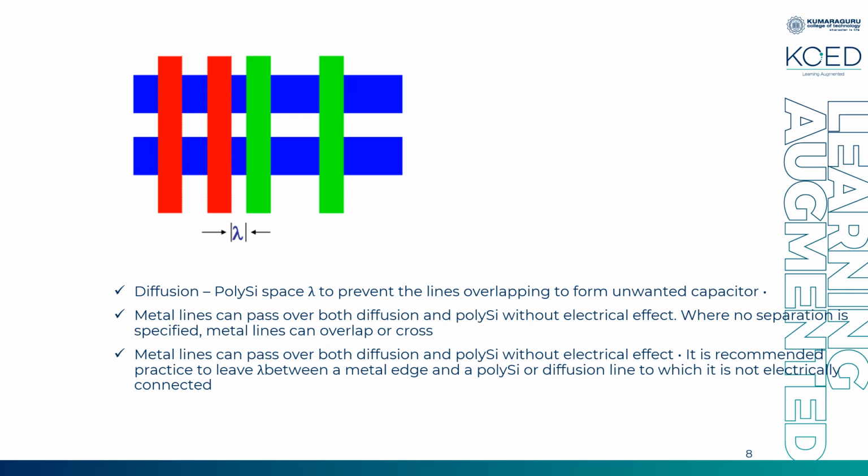You have to leave a space of lambda between a metal and a polysilicon or diffusion to show that it is not connected. But when you cross and intersect poly and diffusion, it is a transistor. So apart from transistor connections, you have to always leave a minimum space of lambda.